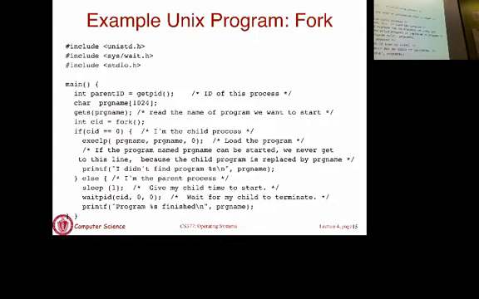Now let's do an exercise where you want to have this hierarchy. Process A creates a child process B, and process B creates a child process C. So we want to write some code where one process creates a second process, which creates a third process. How do we go about writing that?